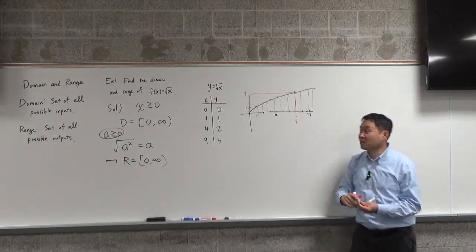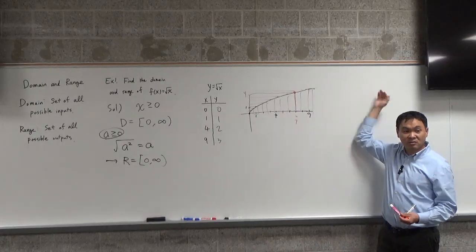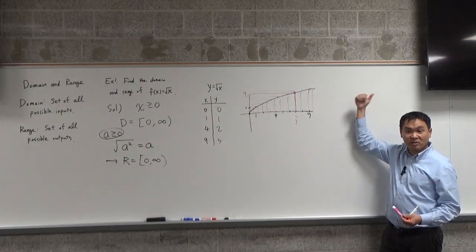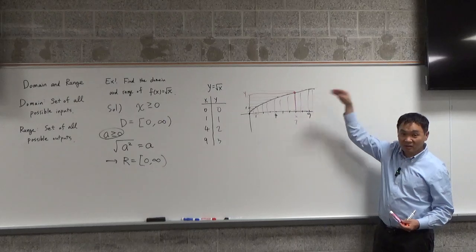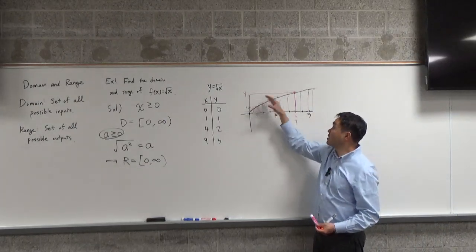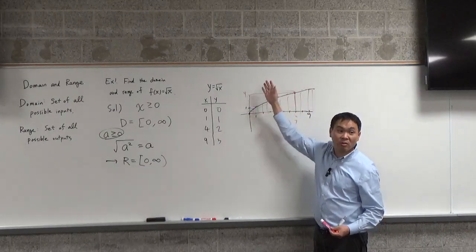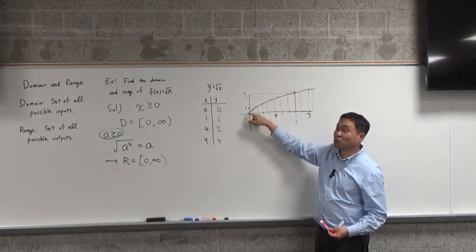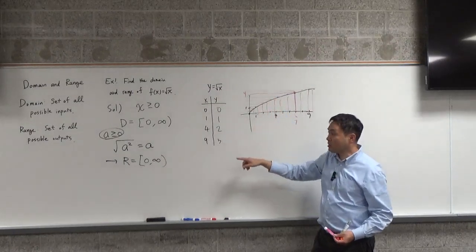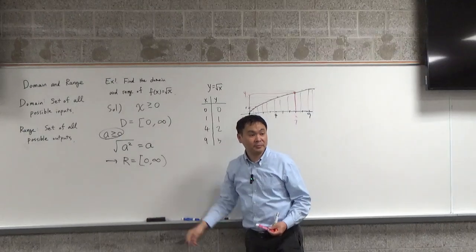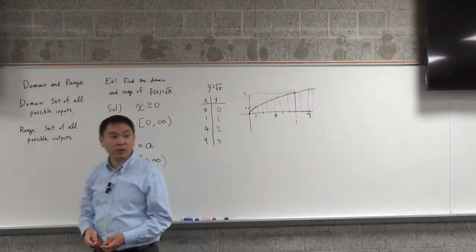Another way to say it is that there's a light source at positive infinity on the right side, shining in this way, and there's a wall, and you're looking at the shadow on the wall, and it's from 0 to infinity. So that's how you can read off the range. Is this okay?